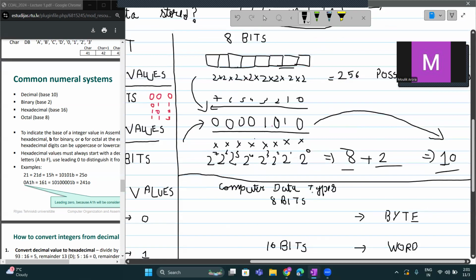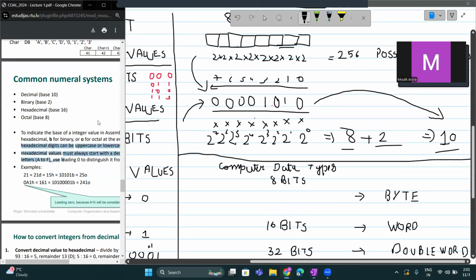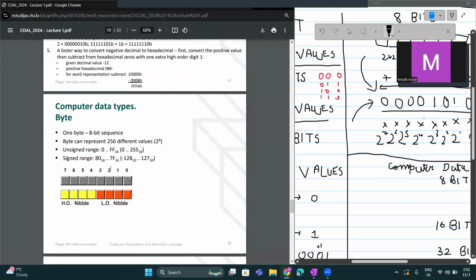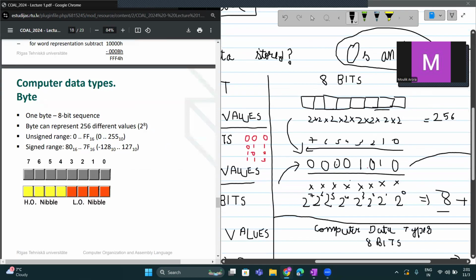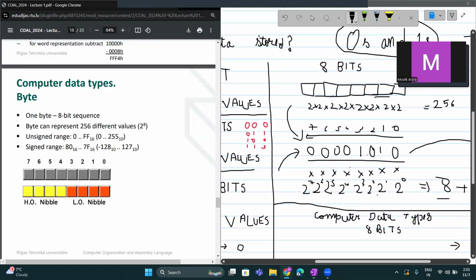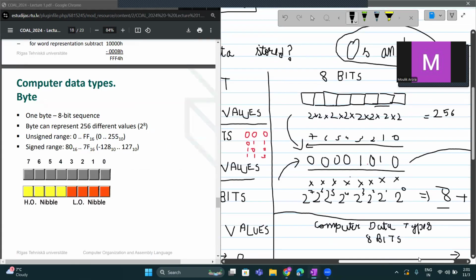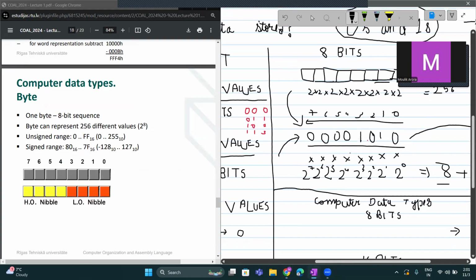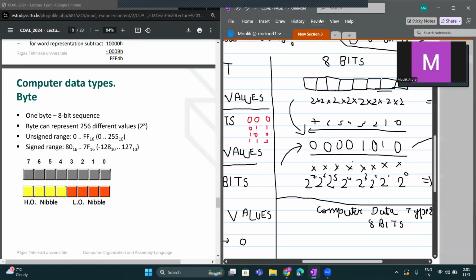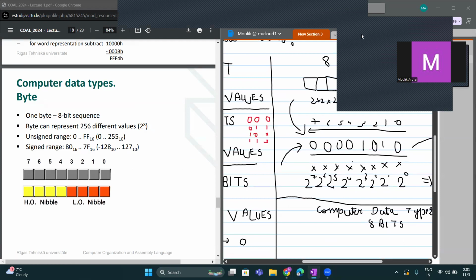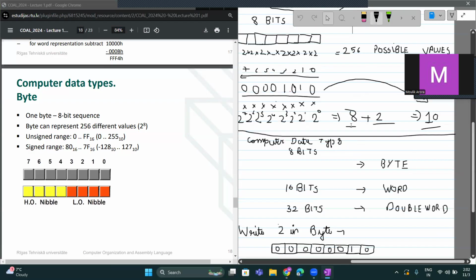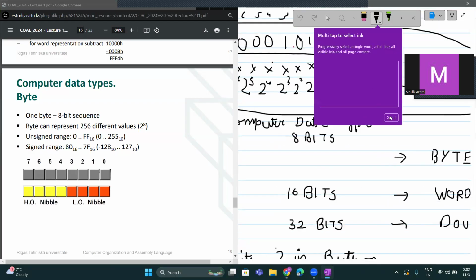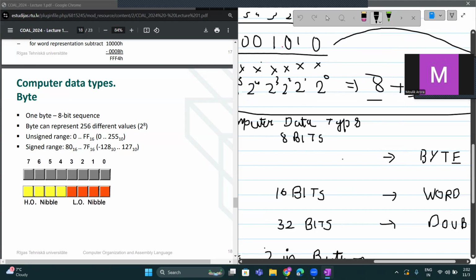And now, what are computer data types? We learned about 8 bits. In computers, 8 bits can be named a byte.